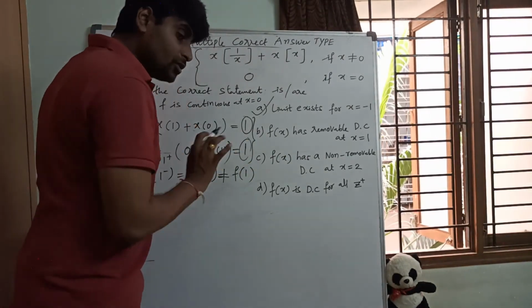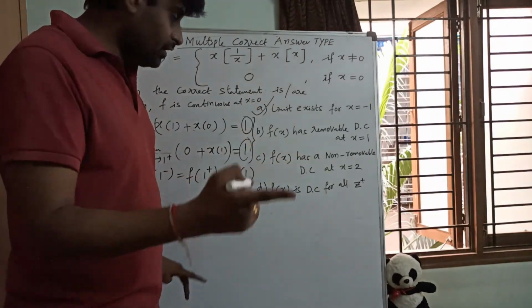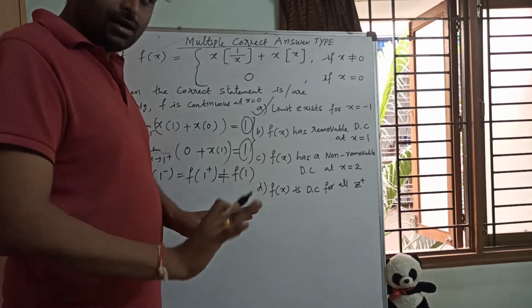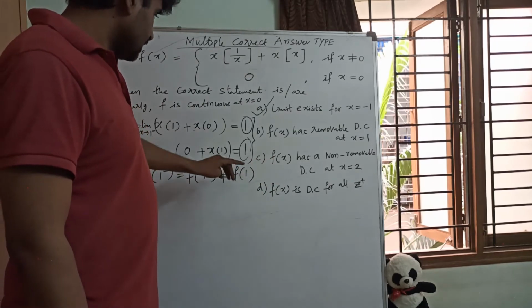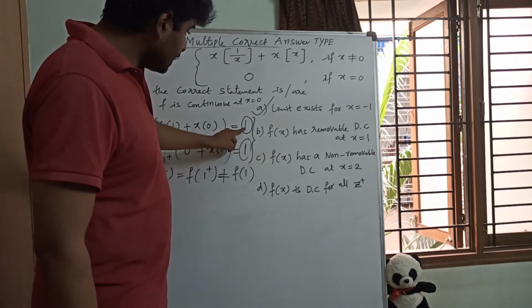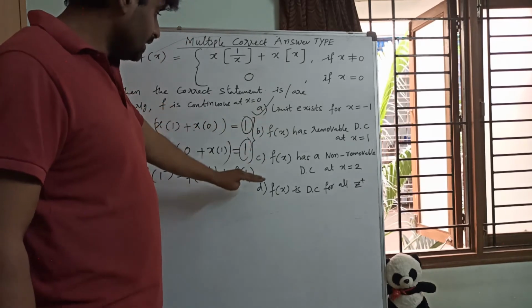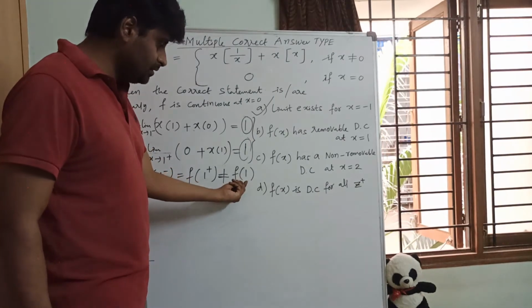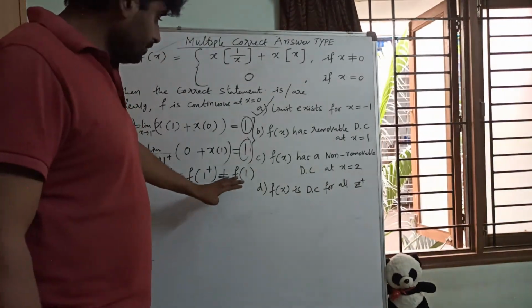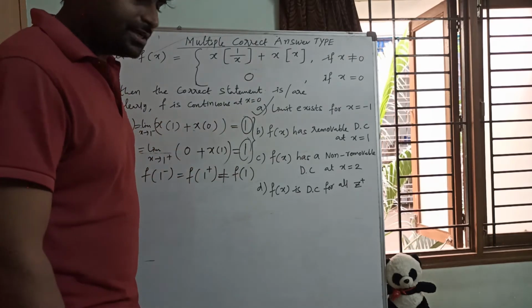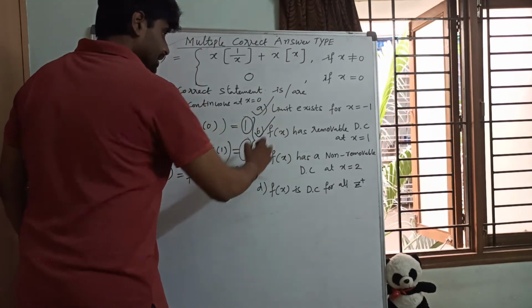Whenever LHL, RHL both are equal, irrespective of the function value, this is known as removable discontinuity. Until you know the value of the function, we cannot conclude that it is continuous. So it is removable discontinuity. So it is correct.